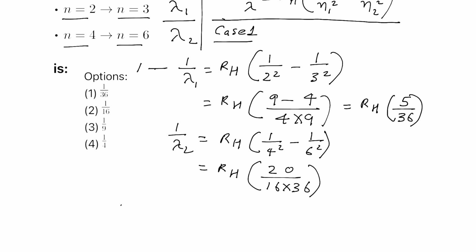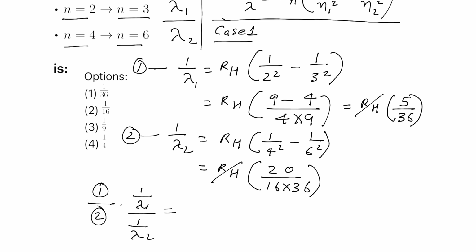Now you can keep this as equation number 1 and this as equation number 2. Divide 1 by 2 or 2 by 1, it's up to you. Anyhow, we need lambda 1 by lambda 2. That is your choice. So I am going with 1 by 2. So what will you get? 1 by lambda 1 by 1 by lambda 2 is equal to, you can see RH you can cancel.